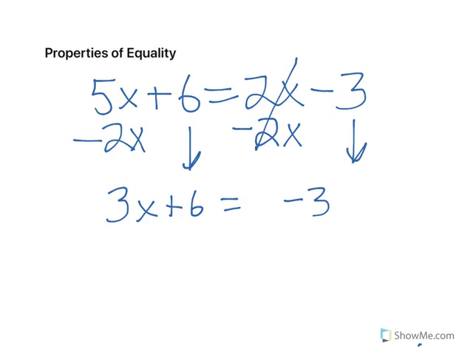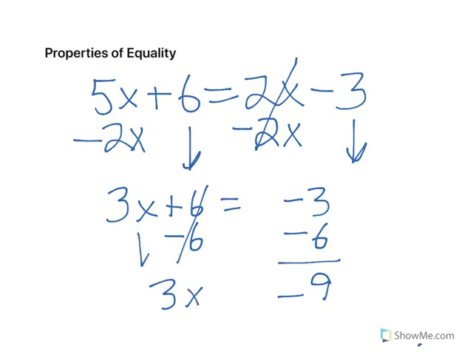Now, we want to get rid of this 6 because we want to get all the numbers to the right side. So we subtract 6 and subtract 6 over here. So 6 minus 6, 0, so that goes away. Minus 3, minus 6 more is minus 9. I'm left with 3x over here on the left side. So now I've got 3x equals negative 9.